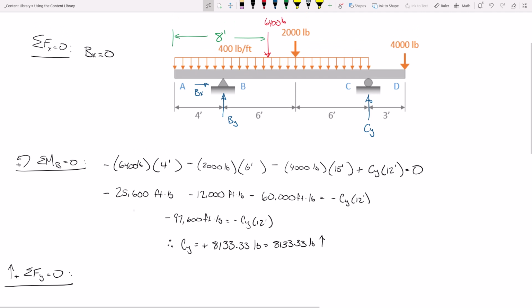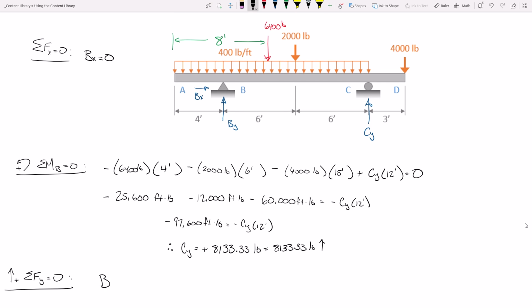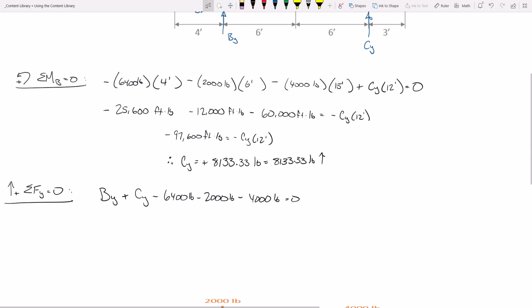So let me drag that down a little bit. So I got BY plus CY minus 6,400 pounds minus 2,000 pounds minus 4,000 that equals 0.